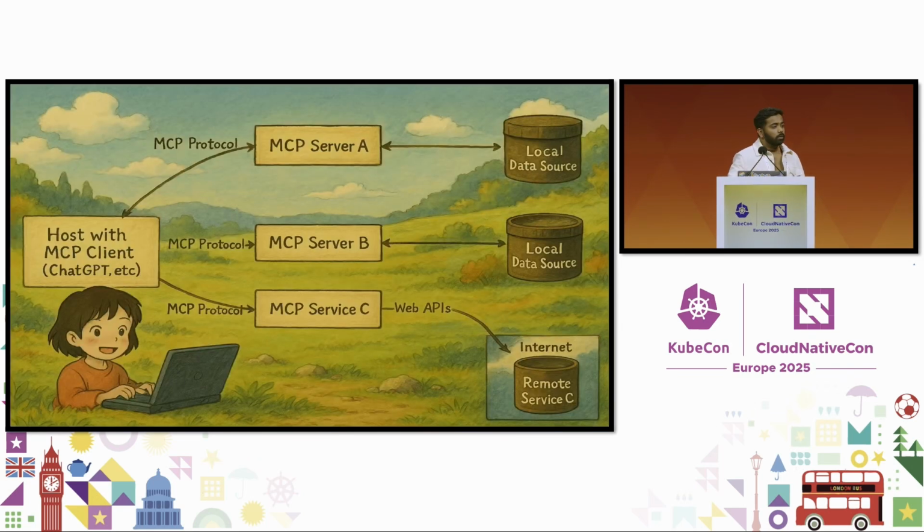Then this is something I built about four days ago and made public: an MCP server for kubectl. If you have heard about MCP, it allows you to use your local data source with your server, and another server will use the web API for remote control over the internet, through the AI.